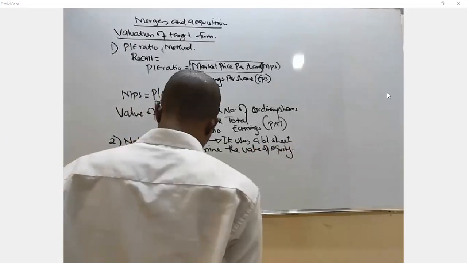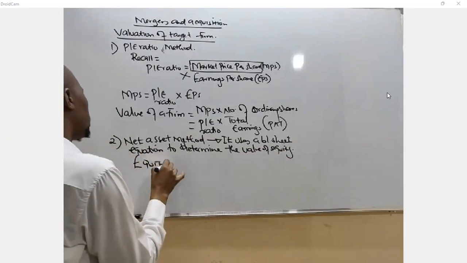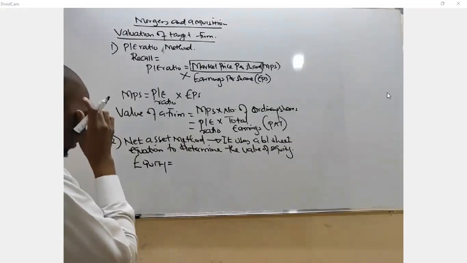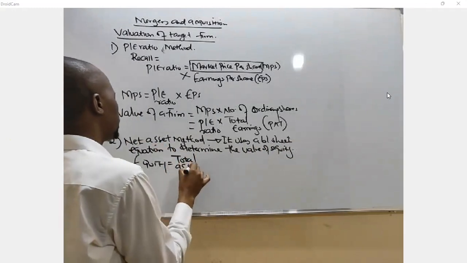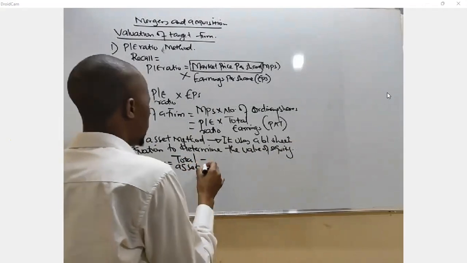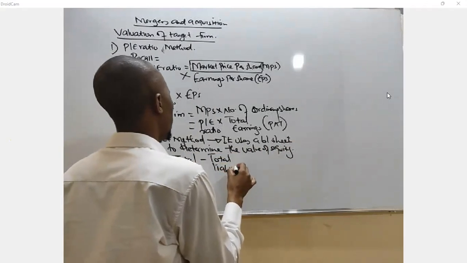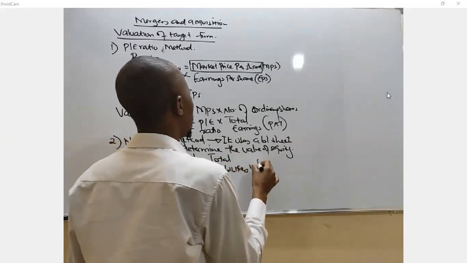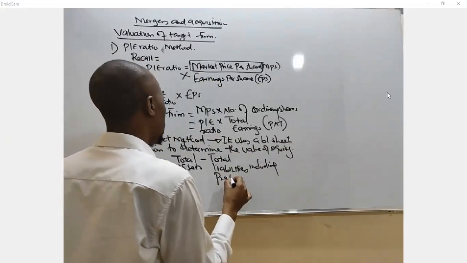So if you want to determine the value of equity, you take the total assets minus the total liabilities. The total liabilities, we normally include what? The preference share capital.